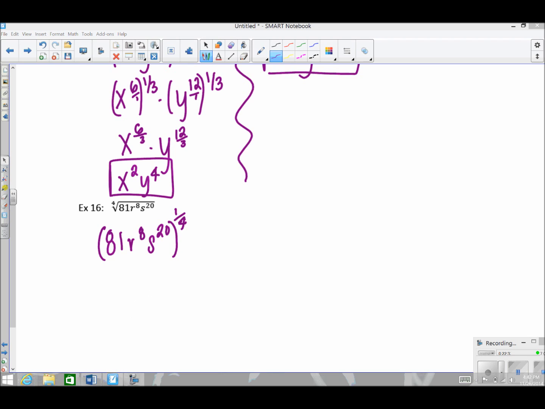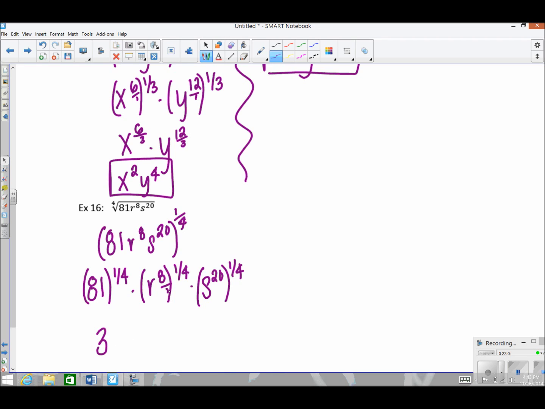So this means I can split this up because everything is being multiplied. So every single piece is being raised to the 1/4. So 81 raised to the 1/4 is really asking yourself, what do you have to multiply by itself 4 times to get 81? The answer is 3.